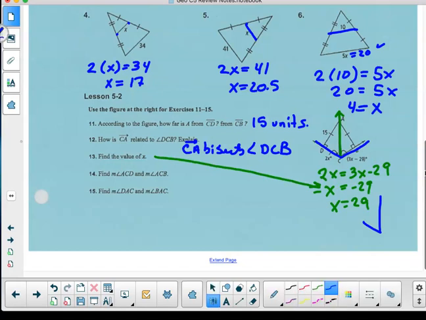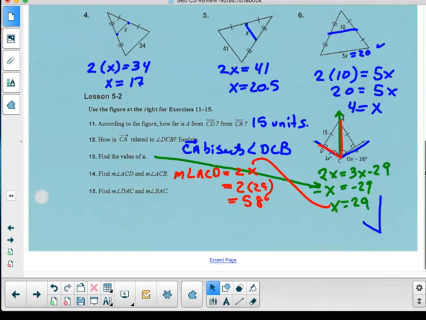Now they're asking me to find the measure of angle ACD. ACD is this one, so maybe I should put in that 2x is the measure of ACD. The measure of ACD is equal to 2x, which I pop that back in. So 2 times 29 is 58 degrees.